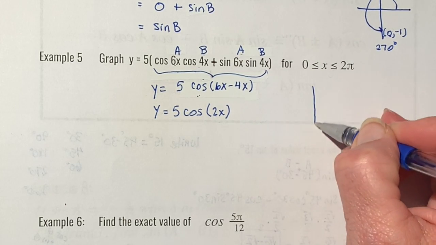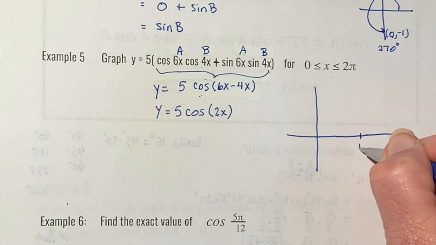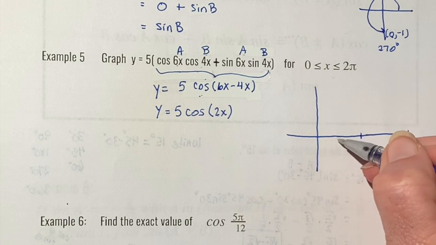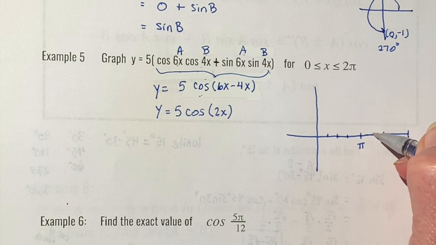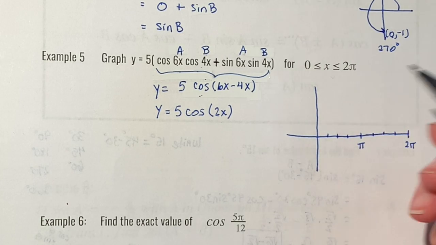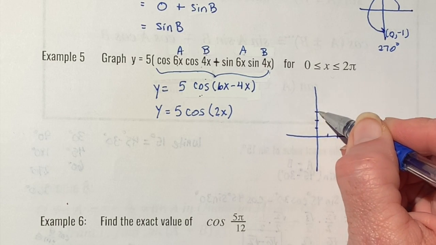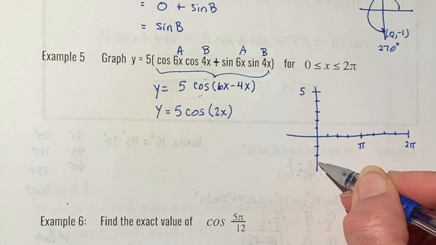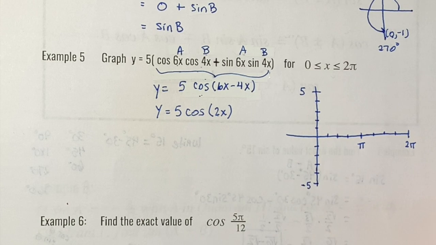So let me go ahead and set up my graph here. Let's say here's pi, here's 2 pi, 0. Let's split our intervals into our 4 key points to make it easy to graph. My amplitude is 5, so I'll take that. There's been no vertical shift, so it goes up to 5 and down to negative 5.